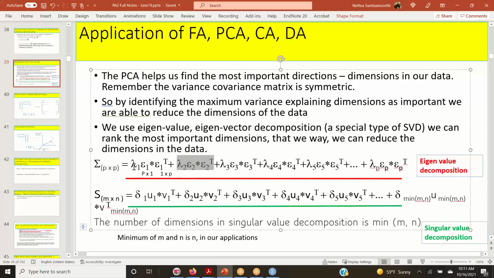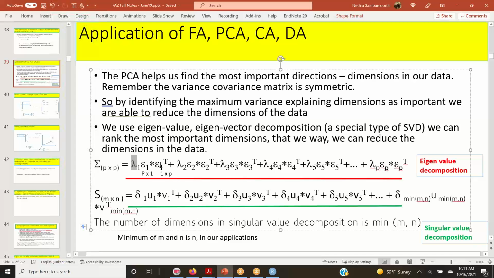So the whole thing is a different representation in the new coordinate space, where it is basically rotation and shifting the origin.